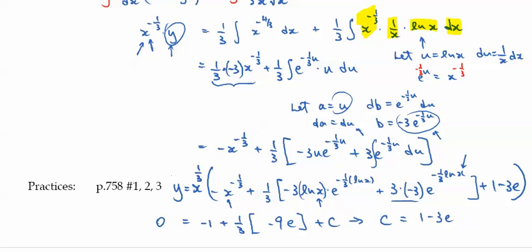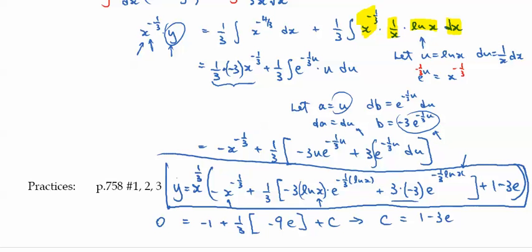So there you go. This will be the particular solution for your differential equation. Now on your IB exam, unless they ask you to simplify your answer, you can actually leave your answer this way. You don't have to simplify your answer unless you're told to do so.